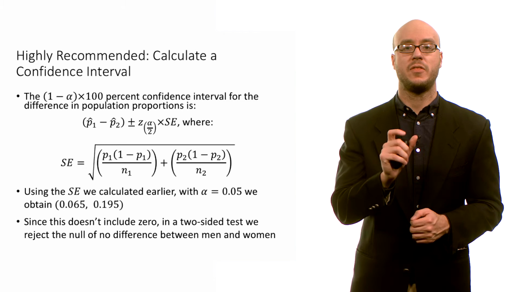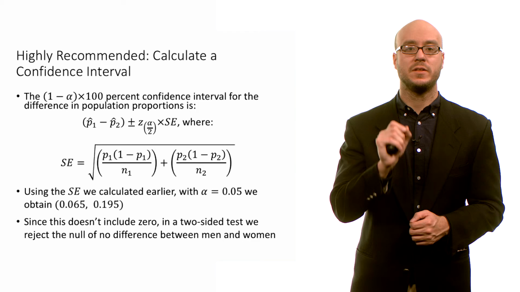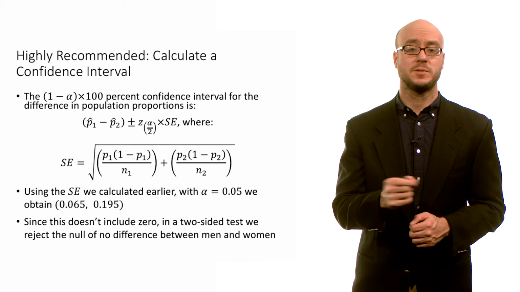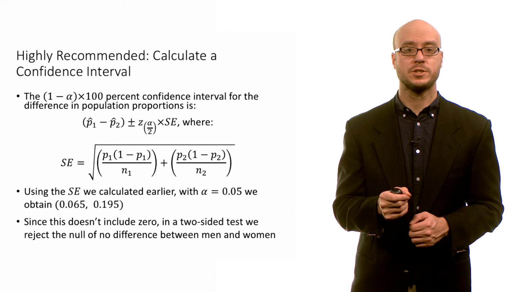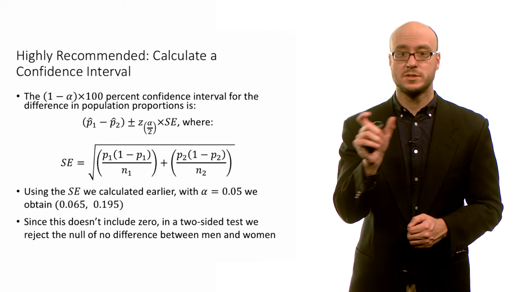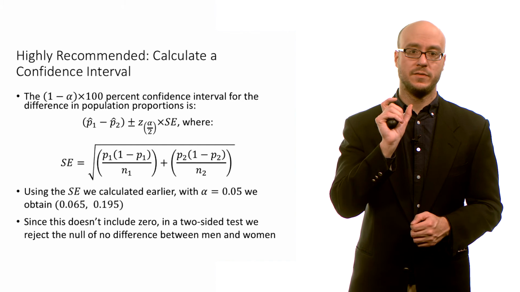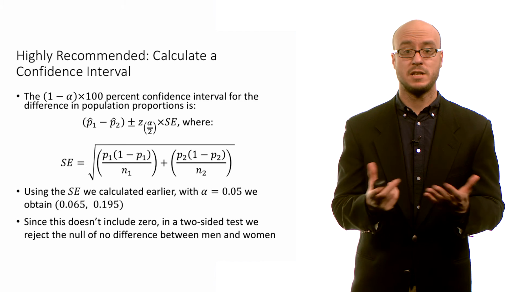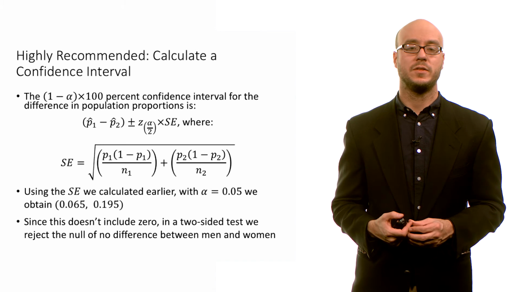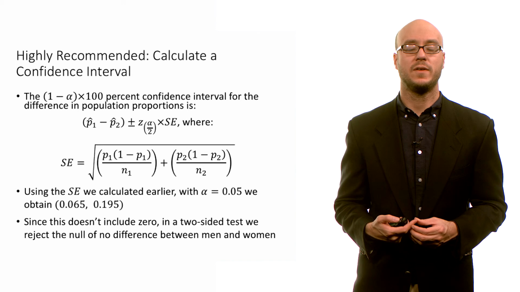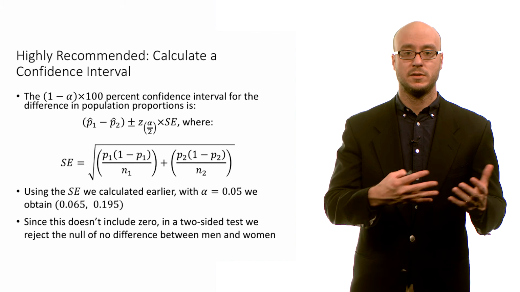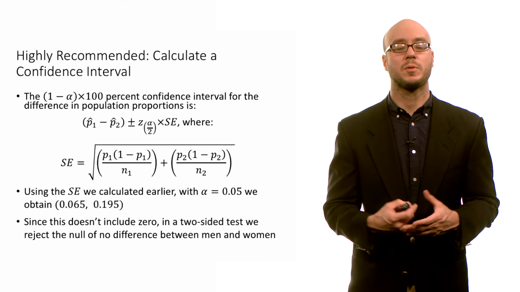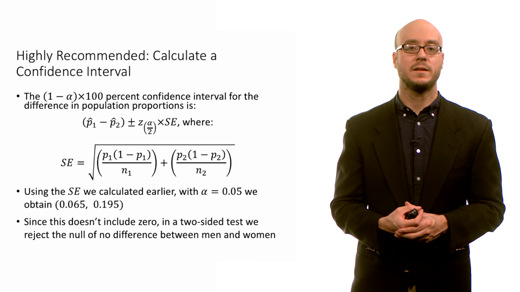This suggests that we can reject the null of no difference between men and women in terms of their proportion, because that confidence interval is centered away from 0. If the null is out, then it's in doubt, and in this case, the null is not included. So we reject the null of no difference at the alpha 0.05 level. Equivalently, the data suggests that a higher proportion of women than men think Wall Street executives are dishonest.